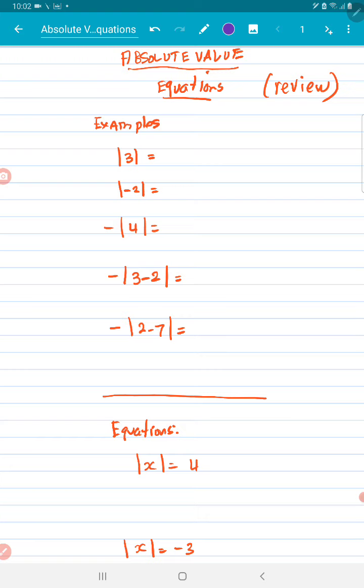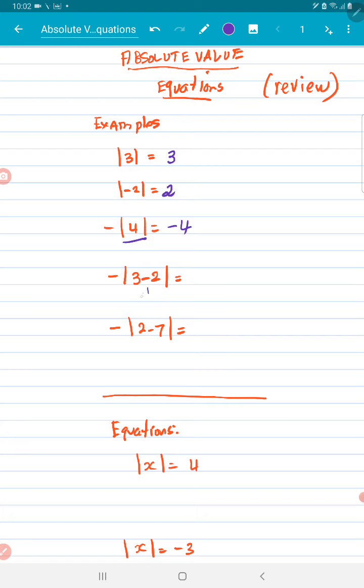So absolute value of 3 is 3. Absolute value of -2 will make the negative value positive, so that would be 2. Absolute value of 4 is 4, but there's a negative sign, so it'll be -4. 3 minus 2 is 1.